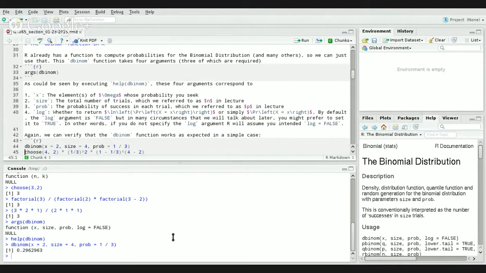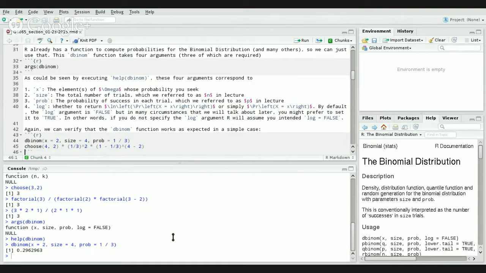If we execute that in R, we see that the probability is approximately 0.2963.